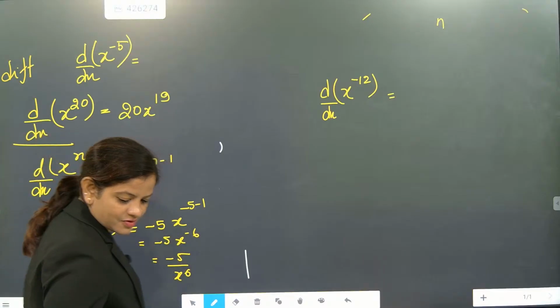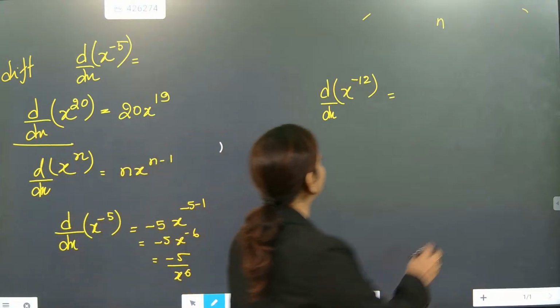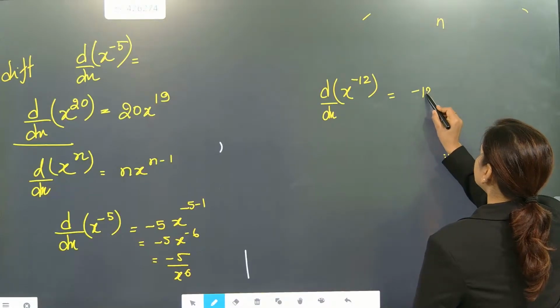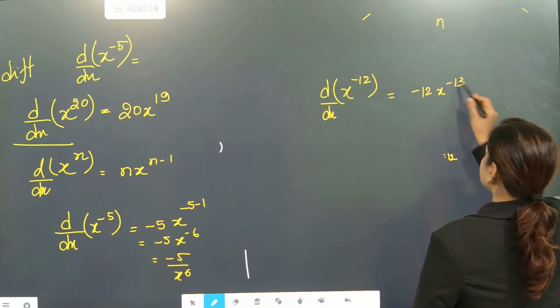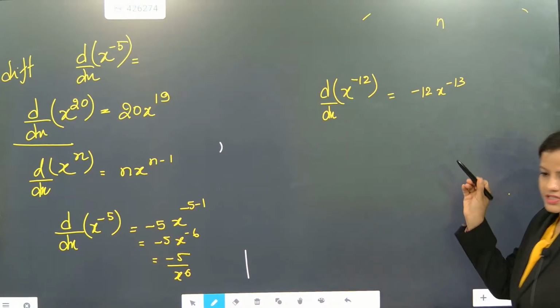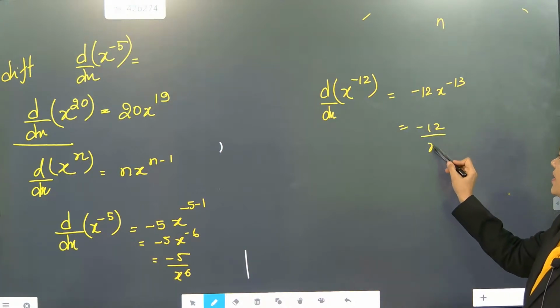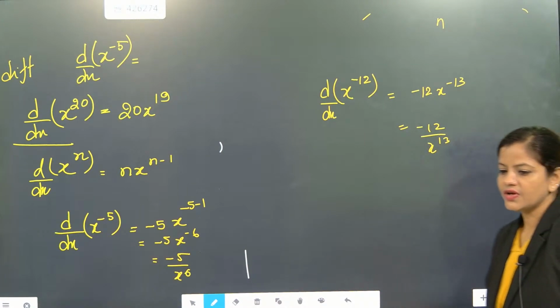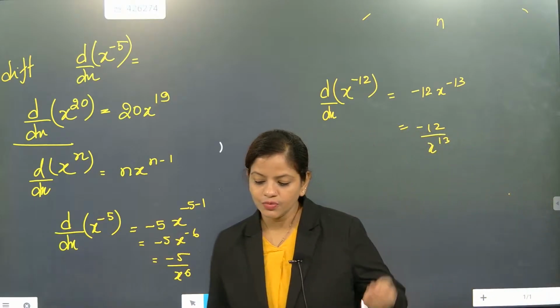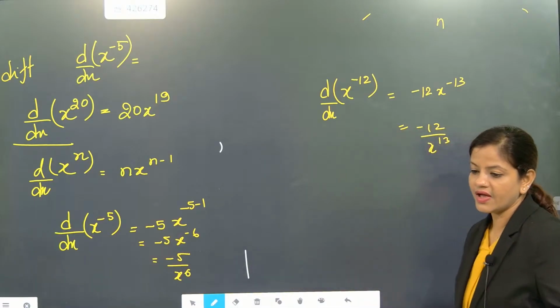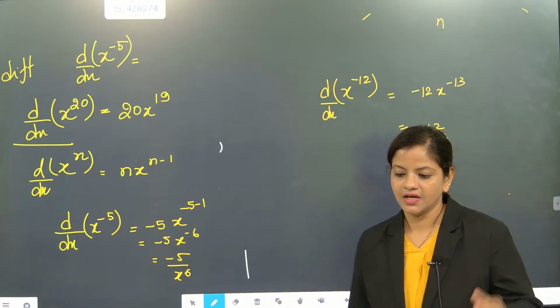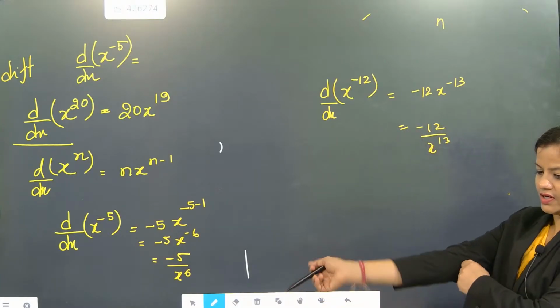Absolute, Rudra. You caught it nicely. Super good. Here it will become minus 12x to the power minus 13. The power will increase by 1. So it will become minus 12 by x to the power 13. I hope you understood how to proceed with negative and positive. This is the easiest way to understand.